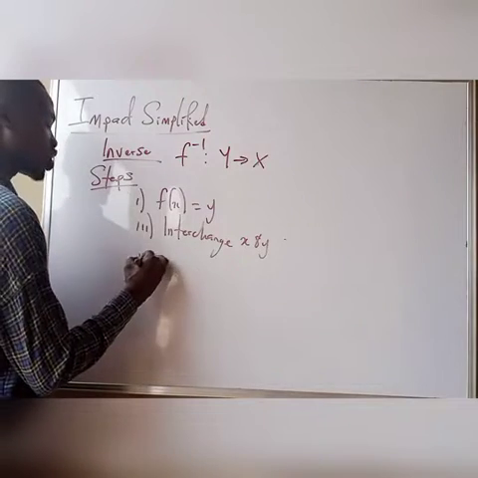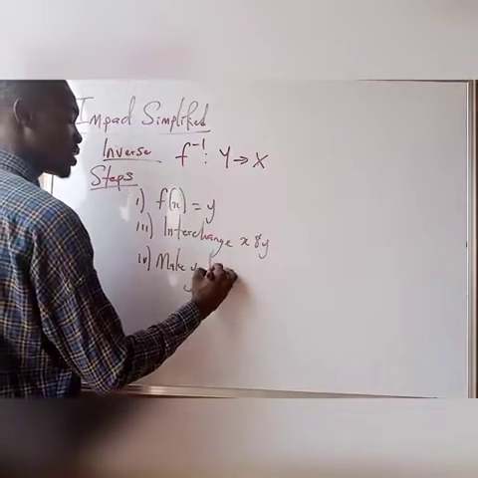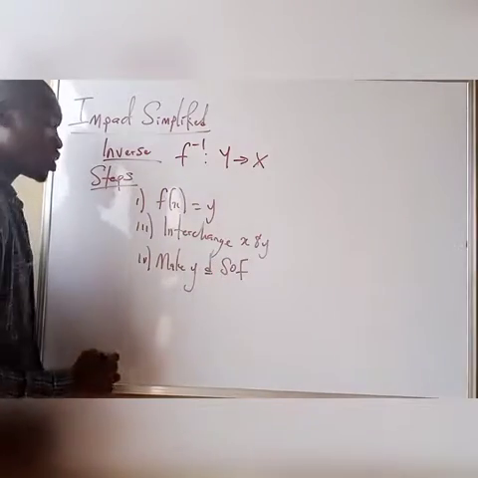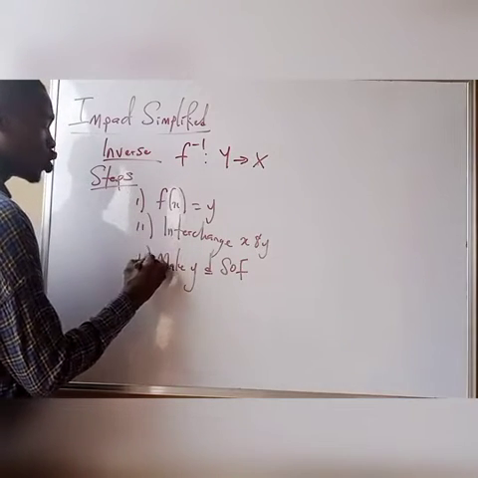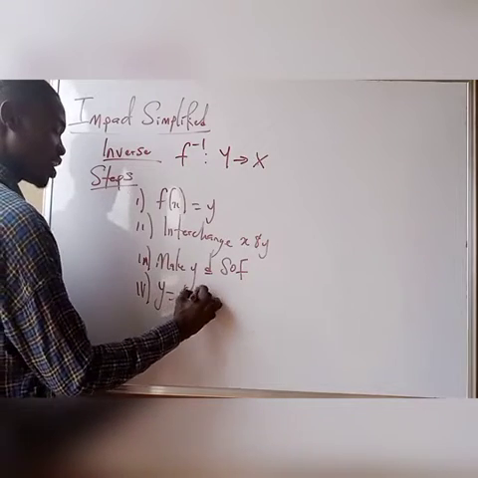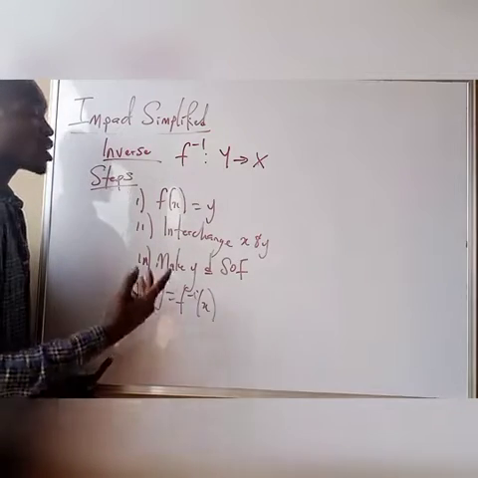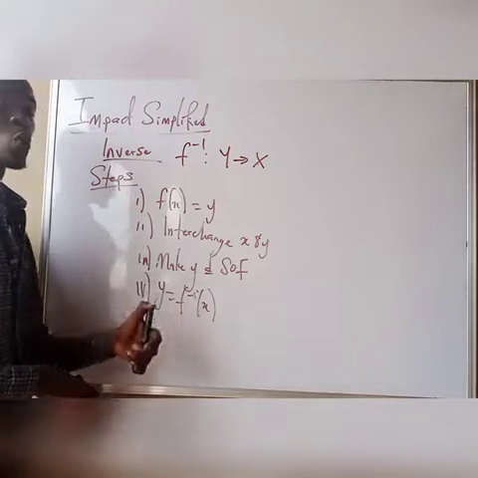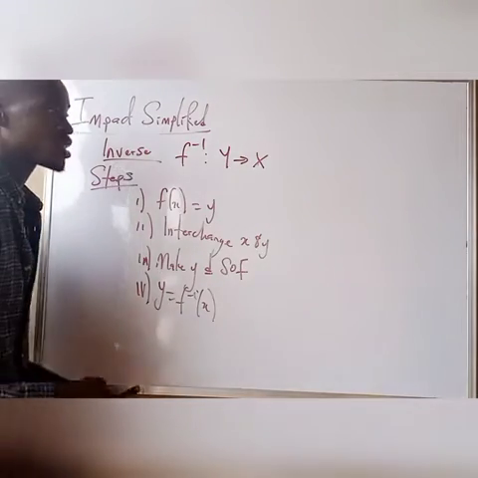After interchanging, you make your new y the subject of the formula, and your new y is now the inverse of the function. It's simple: make your f of x equal to y, interchange your x and y, make y the subject of the formula, and your new y is the inverse of the function.